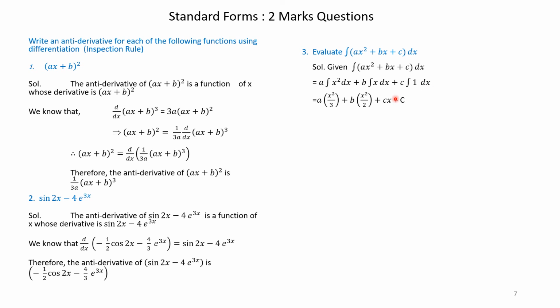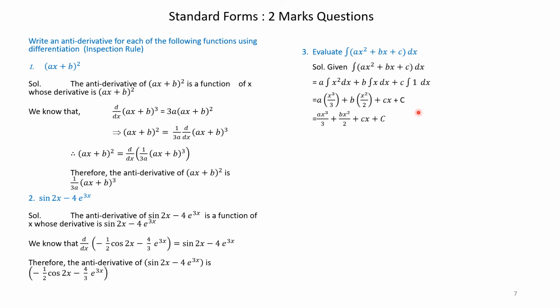So that becomes a into the integral of x square, using the power rule, x cube by 3, plus b into the integral of x, again the power rule, x square by 2, plus cx plus c.